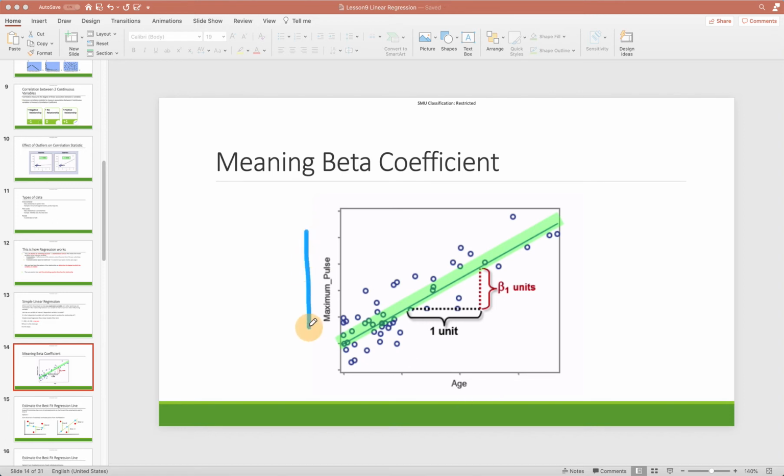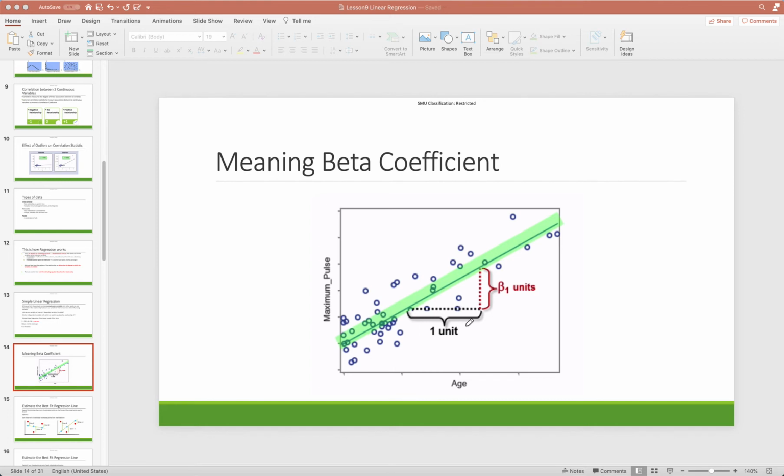Let's say your maximum pulse, which is a measure of your fitness, is your y variable or the target variable, and you have your x variable, which is your age. We collected this data, and these are the data points that we plotted. This is a single data point which tells you what is the pulse given the age, and then we drew this line, which is your regression line. Here, the green line that is drawn is your regression line.